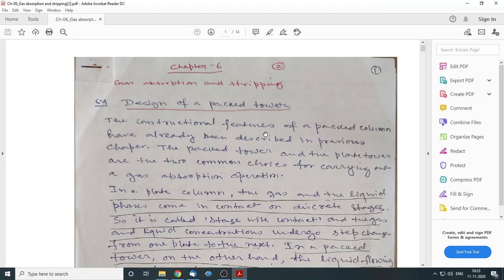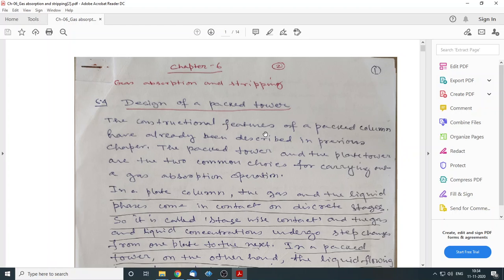Actually, calculation of minimum flow rate is required for a particular system, and then the operating gas or liquid flow rate generally will be 1.2 to 2 times of this minimum flow rate. That factor is based on our industrial experience. But first we need the minimum, and then that factor will give the operating flow rate.